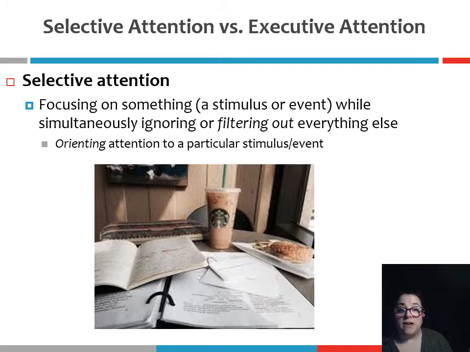So you would focus on that, but you would ignore, for example, the conversations of all the people around you, the sounds of the espresso machine, and so forth. Okay, so you're focusing all of your attentional resources on one thing while simultaneously ignoring everything else.